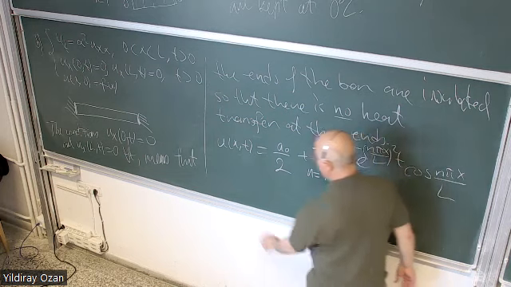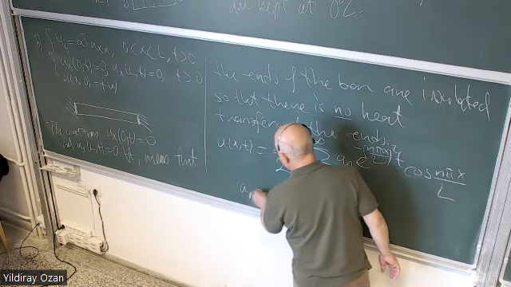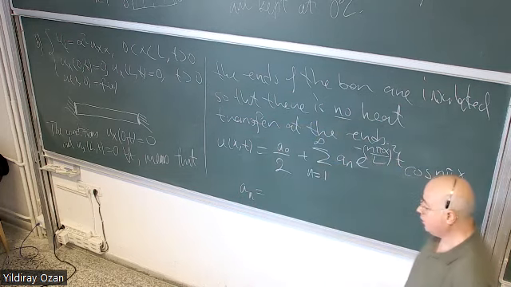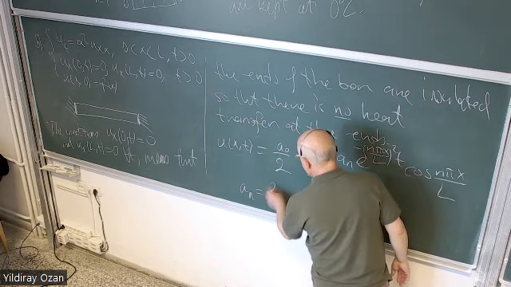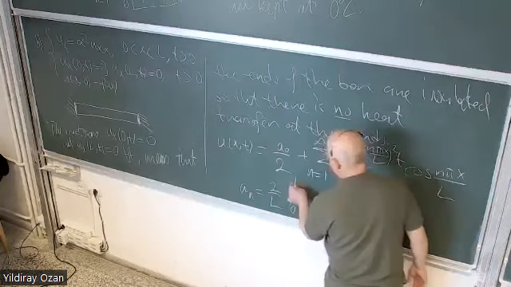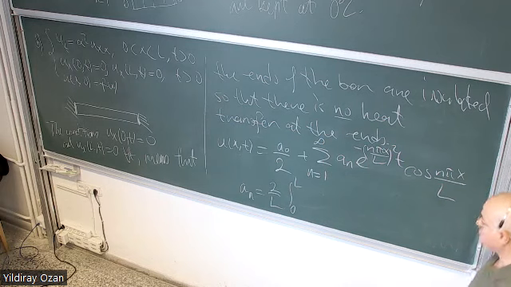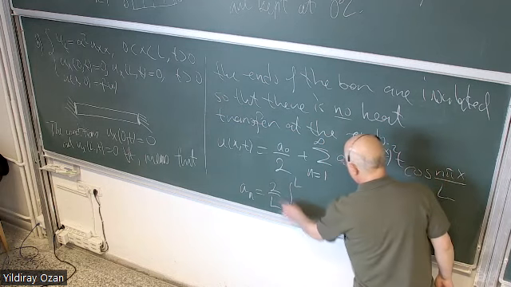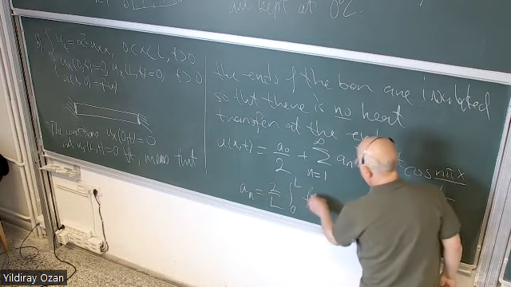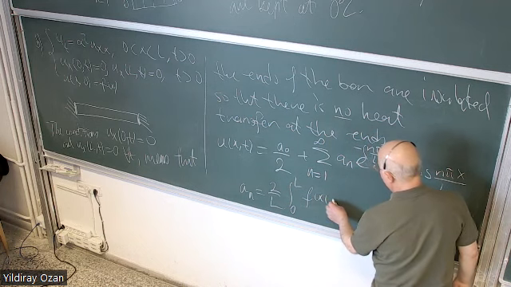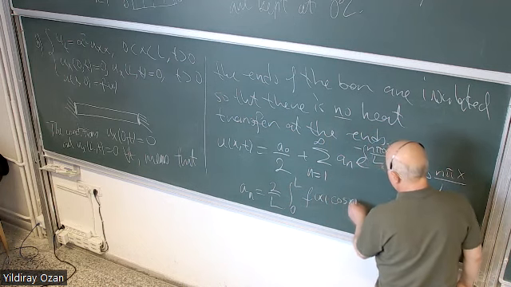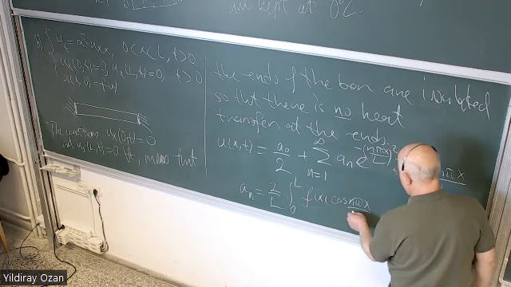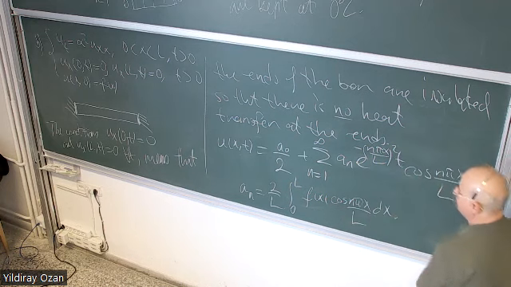And all these a_n's, including this one, are again the integral from 0 to L of the initial temperature distribution times cosine(n pi x over L) dx.